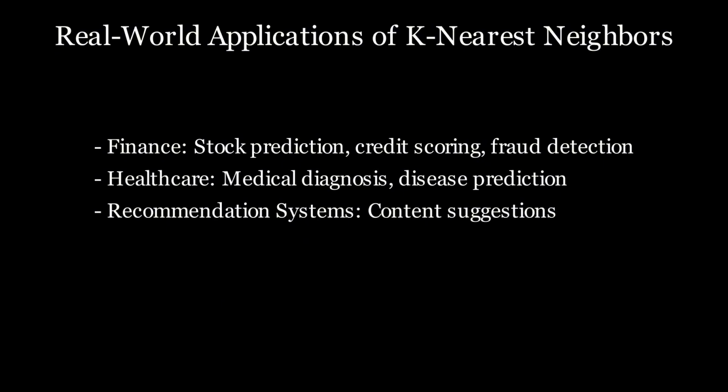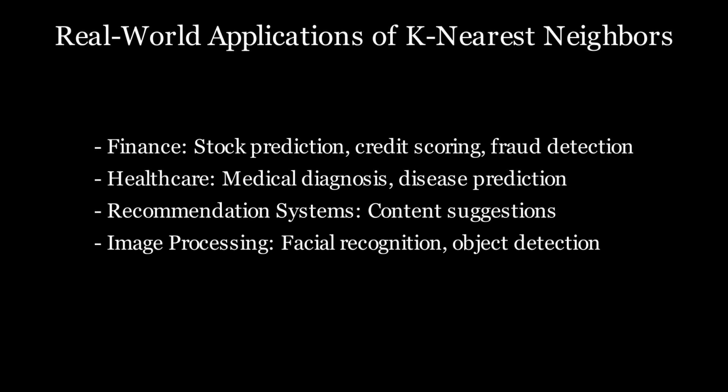It's also used in recommendation systems, where KNN is used to suggest products, movies, and articles to users by identifying similarities between user preferences and item features, and this can improve the overall user experience across platforms. Finally, KNN is also used in image processing for recognition tasks and segmentation tasks. It's a valuable tool in applications such as facial recognition and object detection.